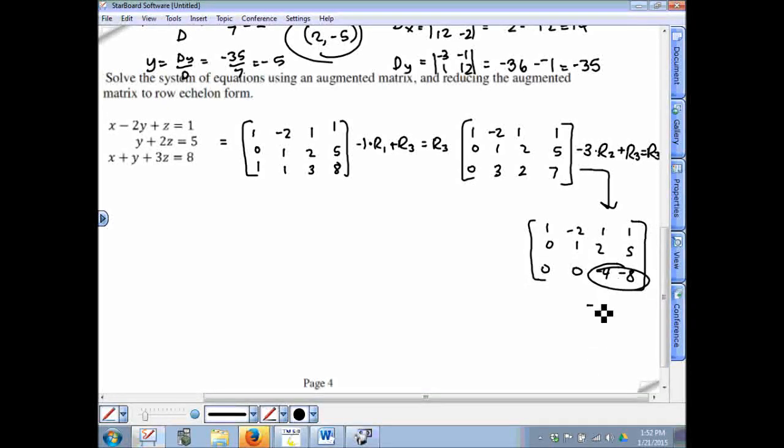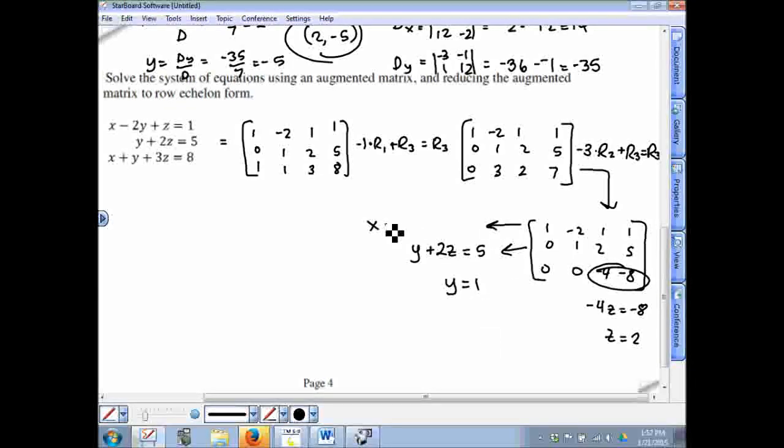This bottom row represents the equation negative 4z equals negative 8. That means z has to equal 2. This middle row represents the equation y plus 2z equals 5. And if we know that z is 2, 2 times 2 is 4. If you subtract 4 on the other side from 5, you get y is equal to 1.